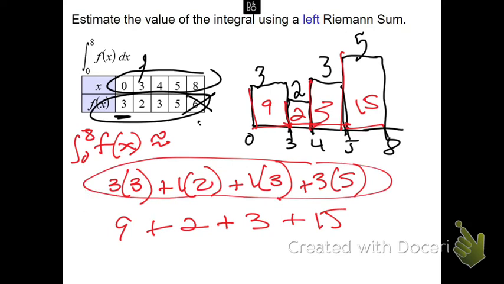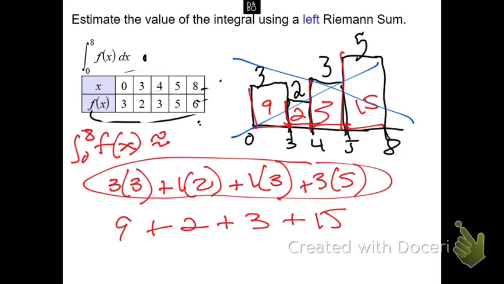Now, we'll get the answer in a minute, but now look at the table and see how you could avoid doing all of this work making this picture. It's really a waste of time. If you look at the table, we could have figured this out just by looking at the table. The width here is a difference in the x's. So it's 3 minus 0 is 3, and then you use the number on the left for a left Riemann sum.